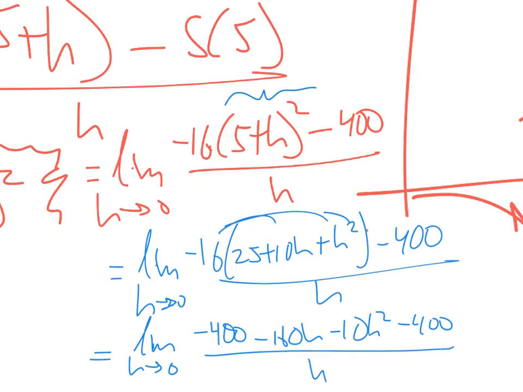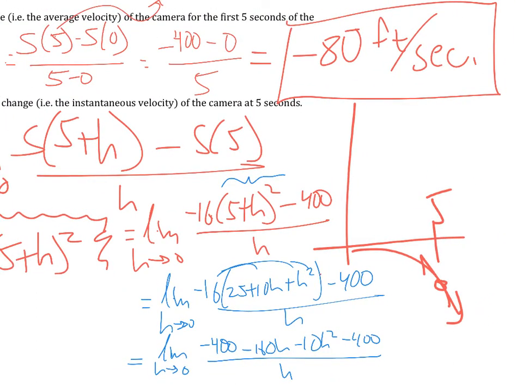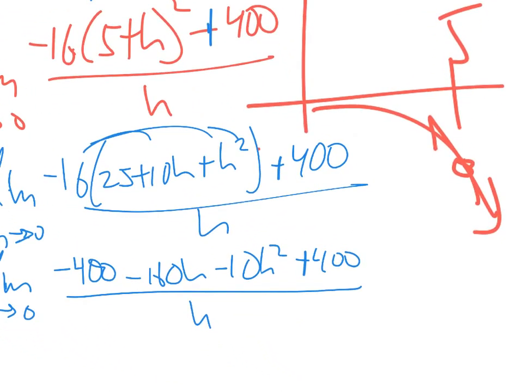Have you found it? Did you see it a few moments ago? Up here we have minus s of 5. Well, s of 5 is negative 400. So we've got minus negative 400, which is going to make plus 400. And that's good news because here our 400s are going to go away, and then this h is going to cancel both ways. Make sure you cancel it on both of them.